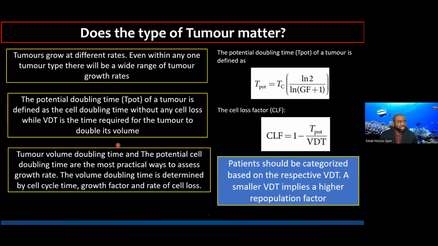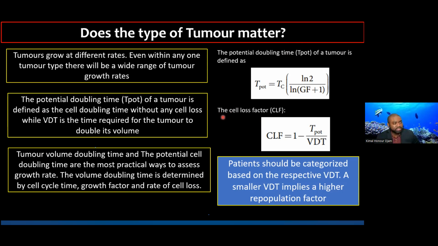As well, you need to think about the net growth rate, or the volume doubling time, of tumors, which is defined as the time required for the tumor to double in its volume. And when you look at this in simple algebraic terms, the potential doubling time of a tumor is defined by this equation, and GF here represents the growth factor.